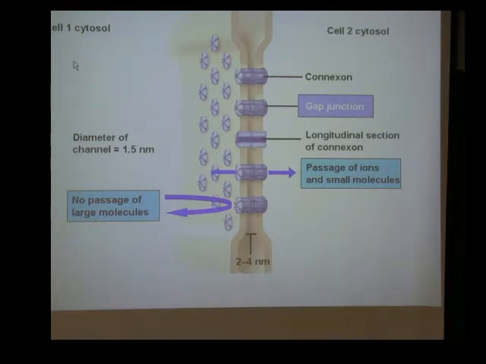If we use ouabain in our dish or in our experiment, that blocks all active transport. And so if something still happens, then we know it must be passive, because this would block all active transport.